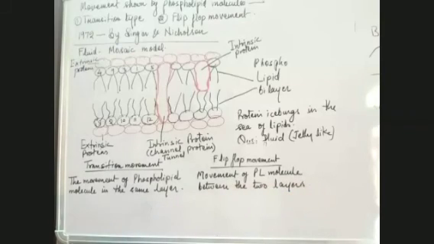So if the movement is in the same layer, then we call it transition movement, and if it is in between the two layers, then we call it flip-flop movement. So this is the difference between the two.